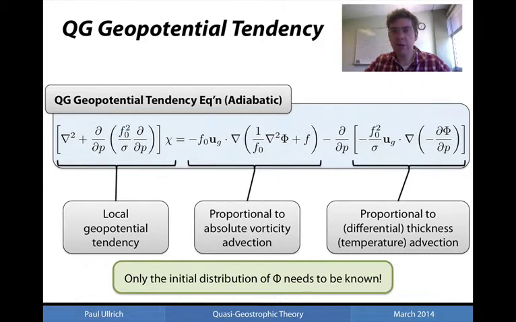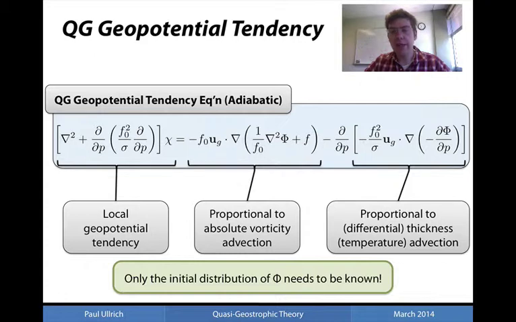The term on the far right-hand side is a new term, which is not unlike anything we've seen before, and this is actually proportional to basically differential thickness or temperature advection. Recall that thickness and temperature are inherently related to one another, so whenever you see this partial derivative of geopotential with respect to pressure, you can imagine that is basically corresponding to a layer thickness or a temperature of that given layer.